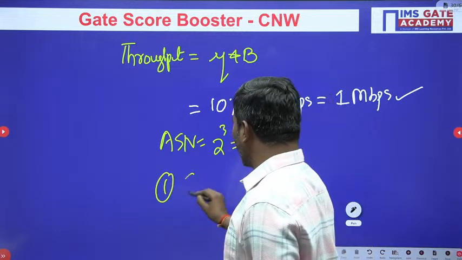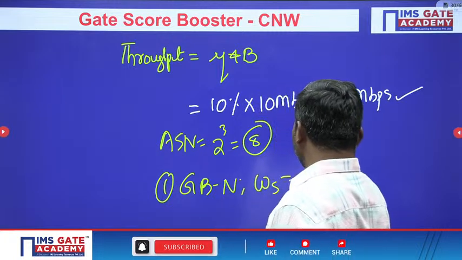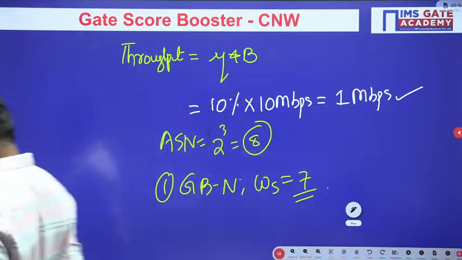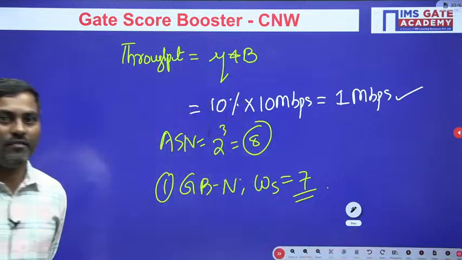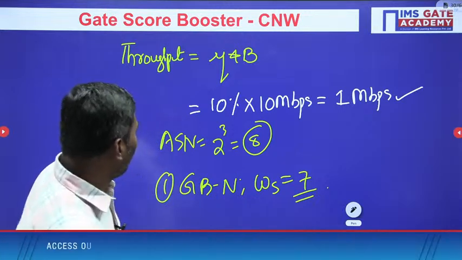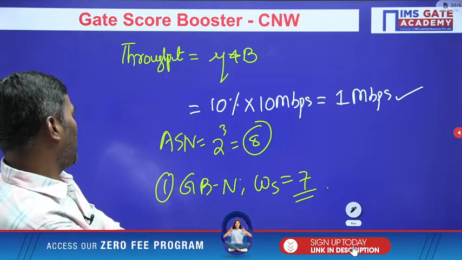First case, if I use GBN, what is the sender window size? Is it 7 or not, all of you? 7. Now tell me what is the efficiency possible now? Efficiency of a sender.